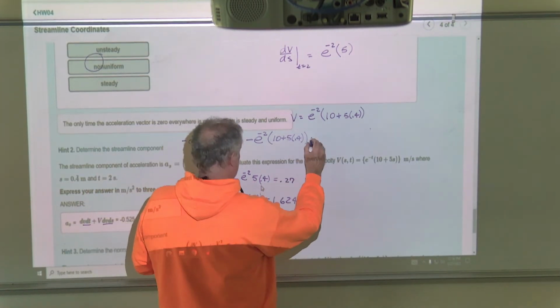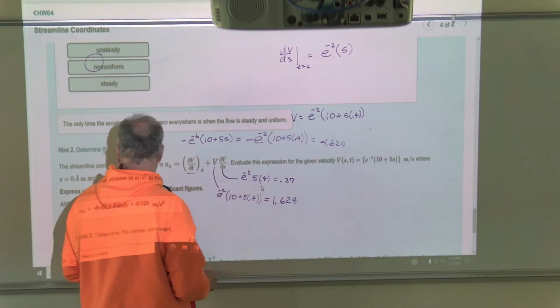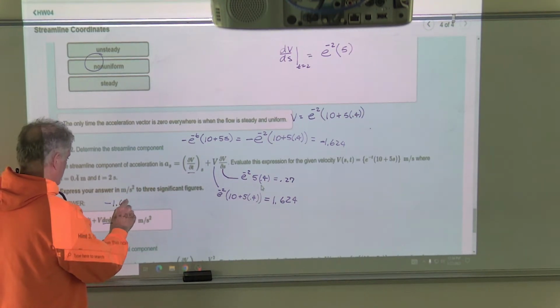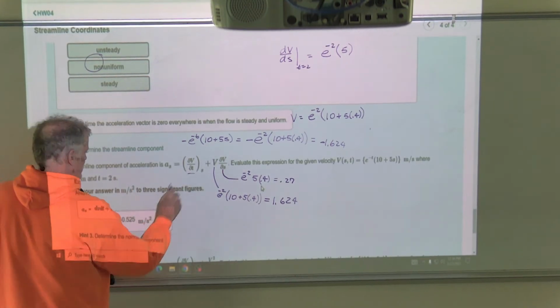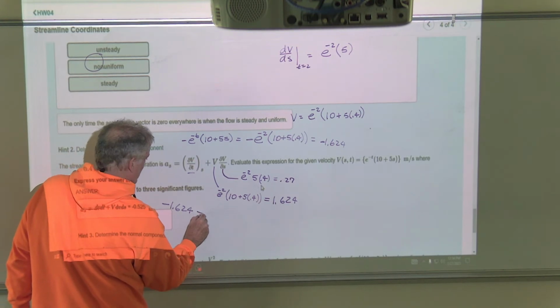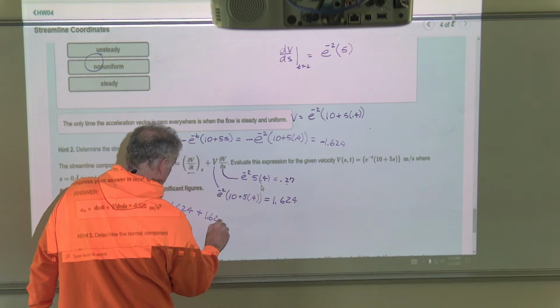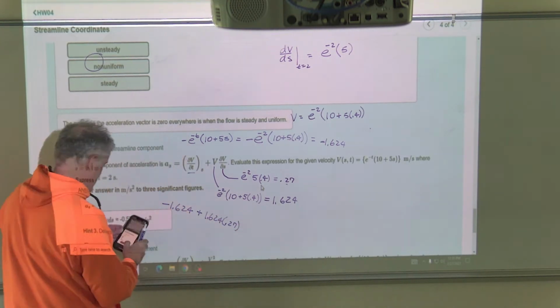Oh, minus 1.624. So minus 1.624, oops, which is the first term, minus 1.624 plus that times that, 1.624 times 0.27. I have no idea.